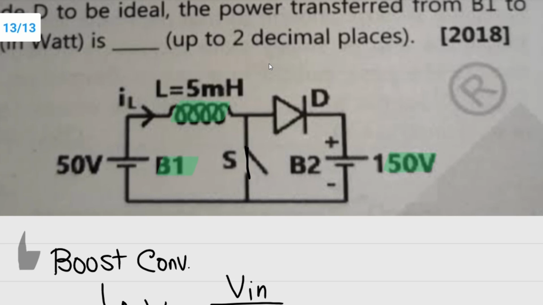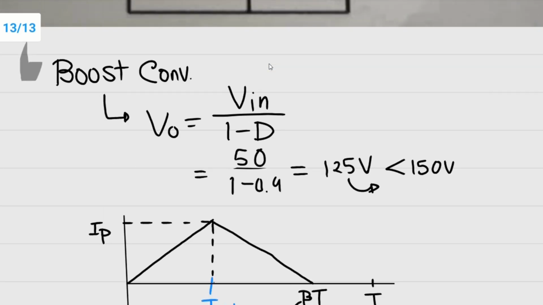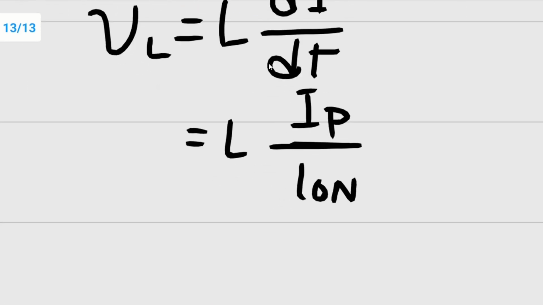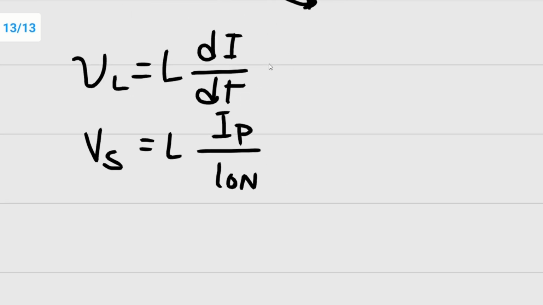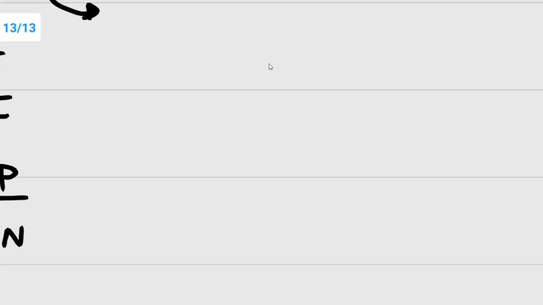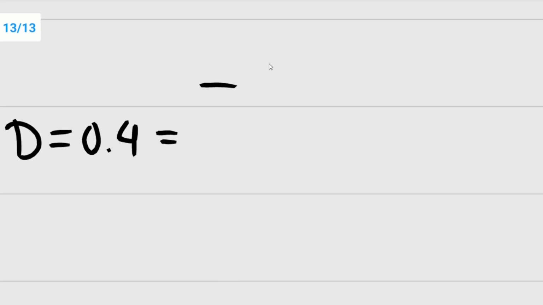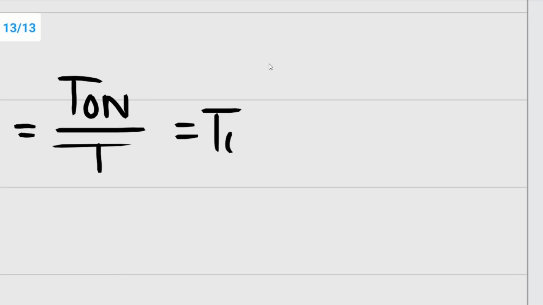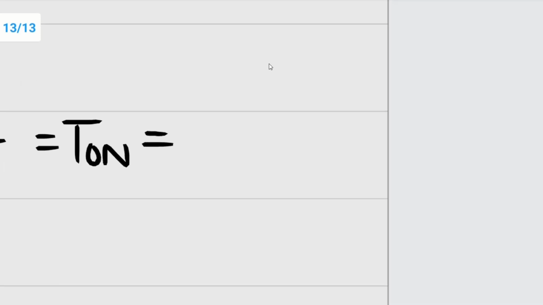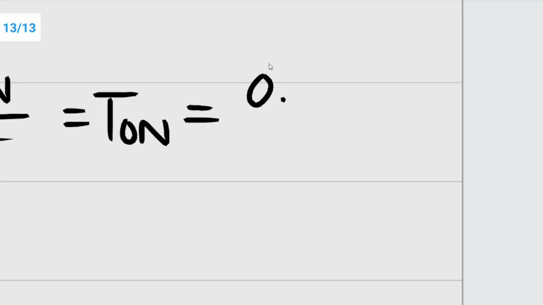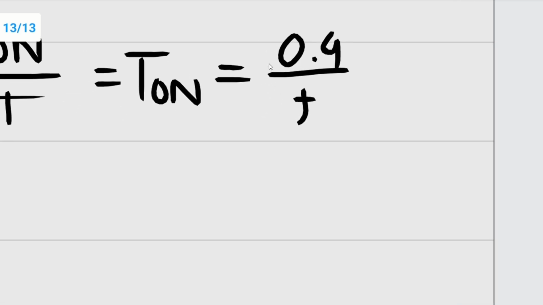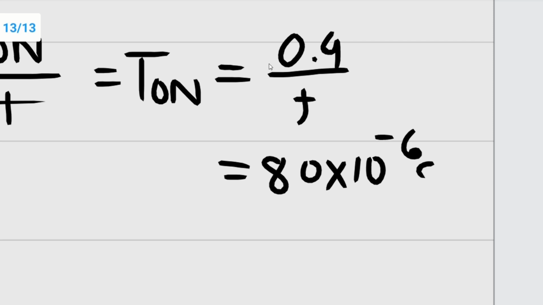That means VL is nothing but VS, which is 50 volt. Now the D is given as 0.4, so we can calculate T on from here: 0.4 by f, f is given as 5 kilohertz, so we get 80 into 10 to the power minus 6 seconds.